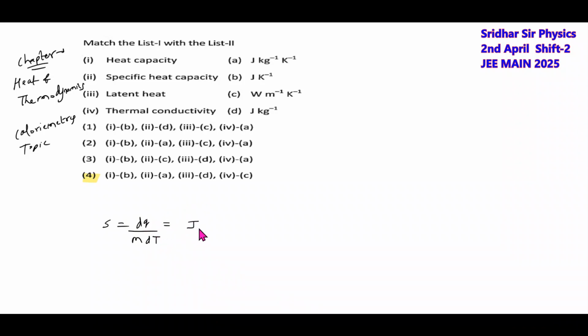This will become joule per kg per Kelvin. That is the specific heat. Now, what do you mean by heat capacity? Mass into specific heat. This will be dQ by dT, which should be equal to joule per Kelvin.